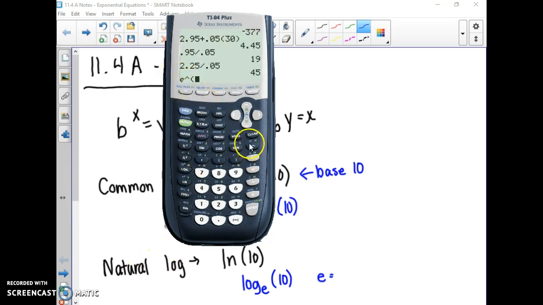Actually, second division sign is also the e. If you hit enter, it tells you that it's approximately 2.71828, and then it continues on. So that is actually a number that we have there as the base when we have that e.